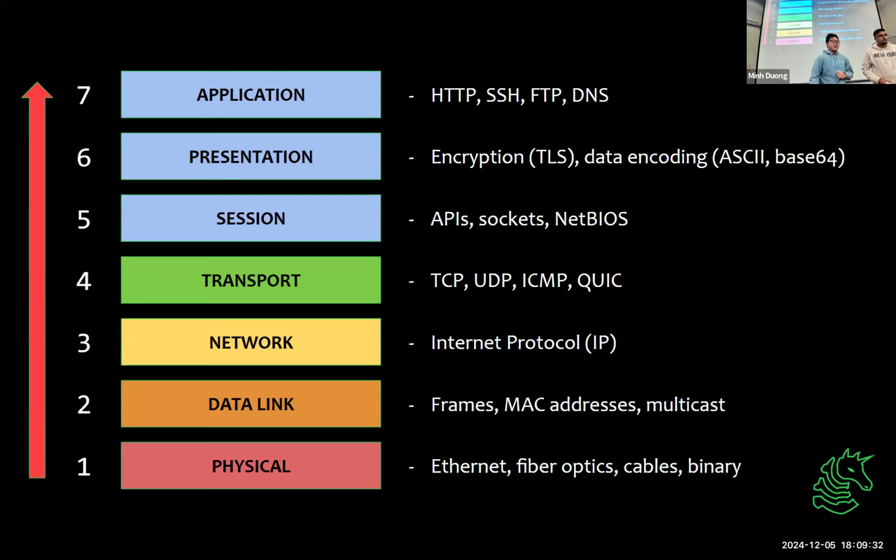The network layer, which feels like a redundant name, is where you have the ability to send those packets across larger distances, across networks even. This is where you see the internet protocol most commonly being used, right?